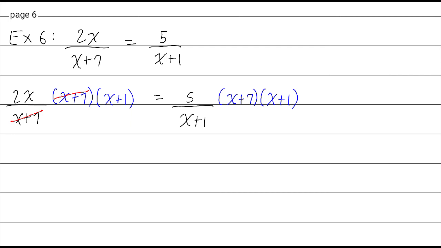Left side's going to be 2x times x plus 1. X plus 1 cancels here, leaving me with 5 times x plus 7. Distribute.